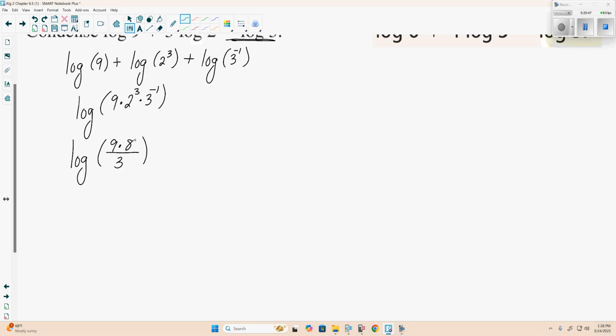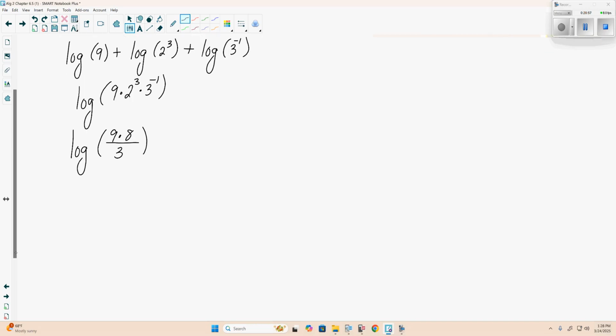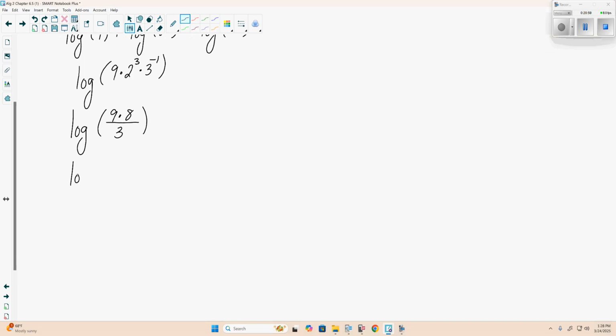That is 8, because 2 squared is 4, 2 cubed is 8. Nine times 8 divided by 3.